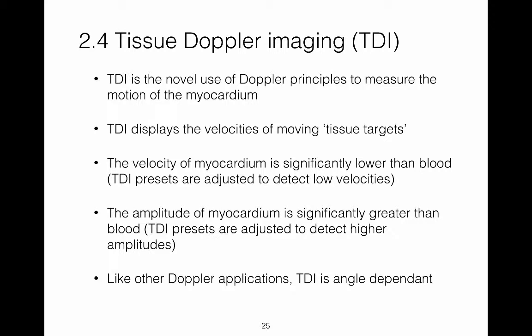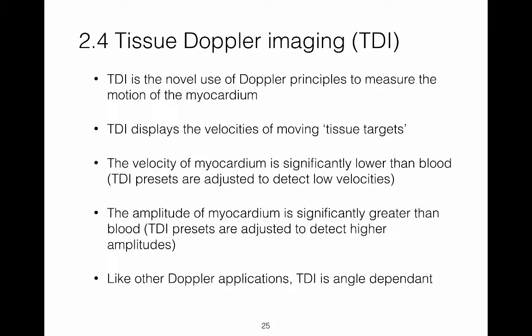Tissue Doppler displays the velocity of moving targets. As the velocity of myocardium is significantly lower than blood, the tissue Doppler imaging presets are adjusted to detect low velocities.